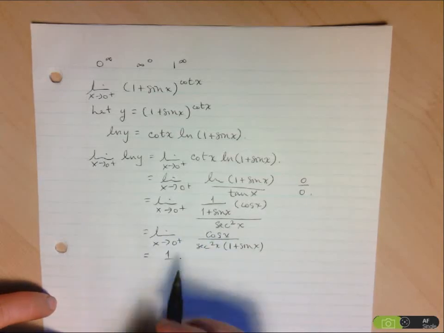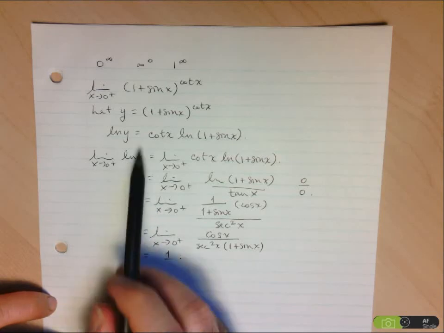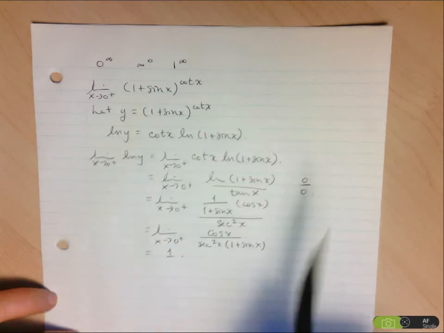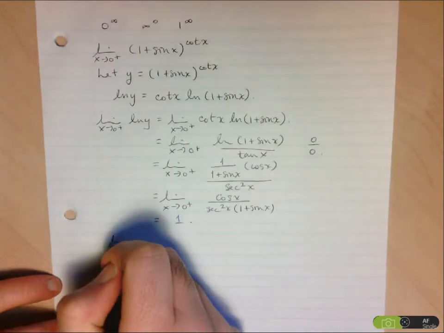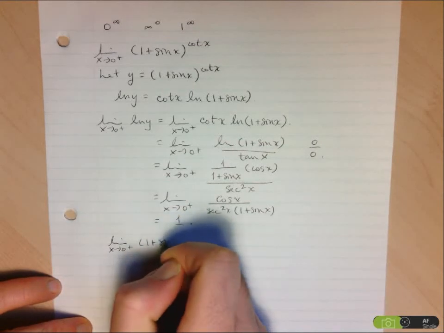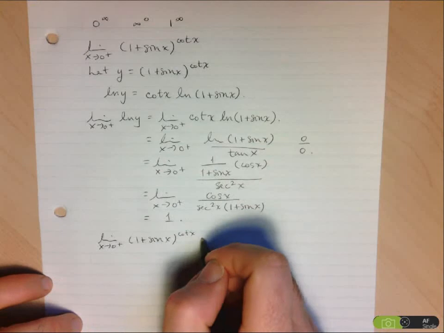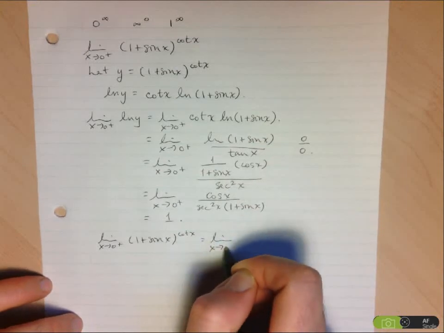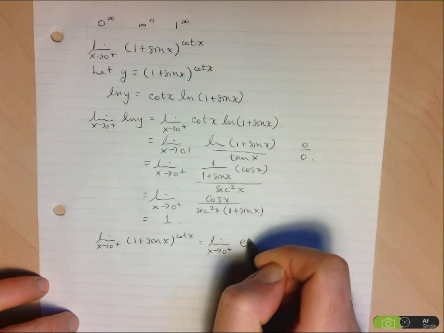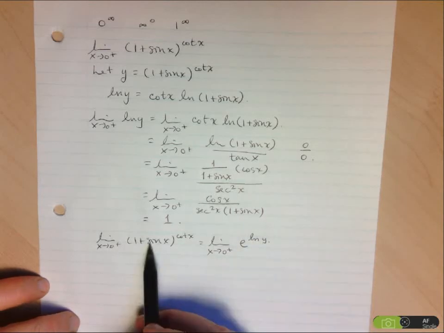Now let's keep in mind that what we found is the limit of ln y, in other words, the limit of the logarithm of our original expression. So in order to find the limit of 1 plus sine x to the cotangent of x, this is just equal to the limit as x approaches 0 from the right, and here we'll just use the fact that it's e to the ln y, which is what we defined as this expression here.